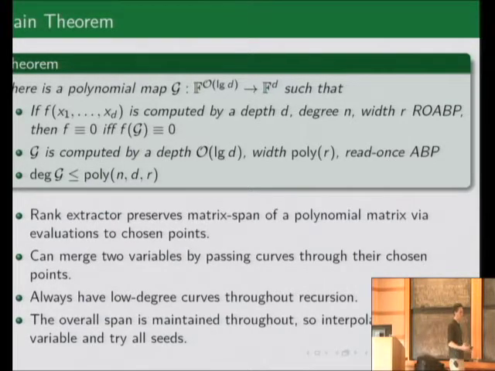Just in the sense that a random polynomial map should have sort of a random image on some level, and then a random image should be a hitting set. Yeah, I think so.